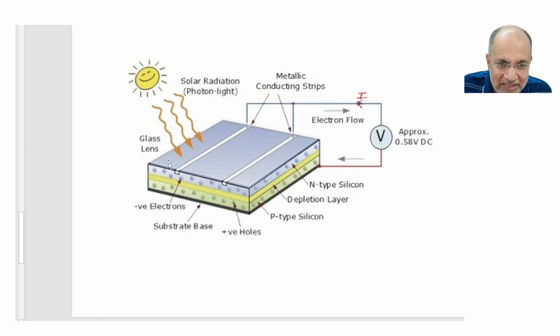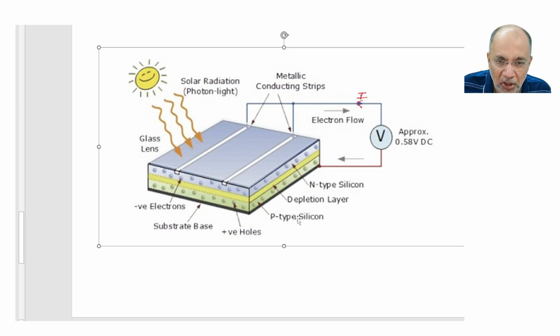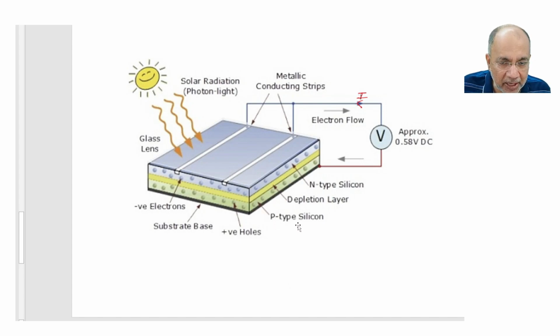Now see, the upper layer is the N-type semiconductor, written here, and the lower layer is the P-type. In the vicinity of the junction, a peculiar kind of region, which is the key, the basis of the solar cell, is produced. This is called the depletion layer or depletion zone.